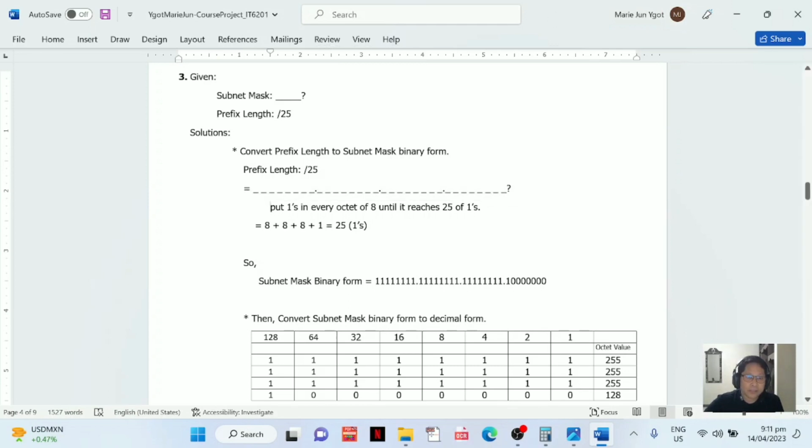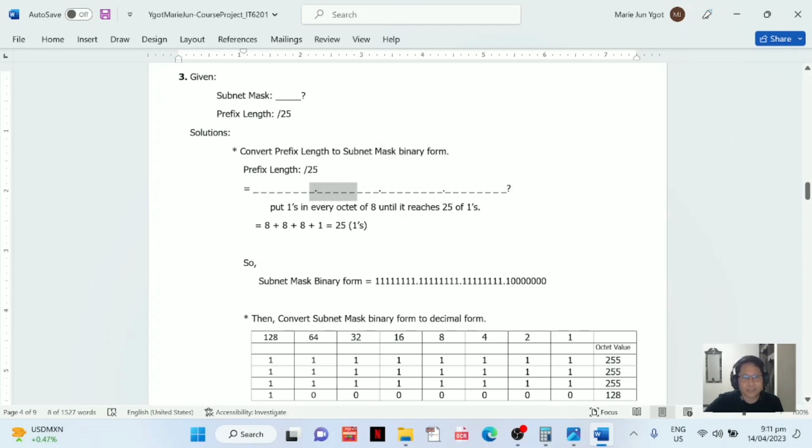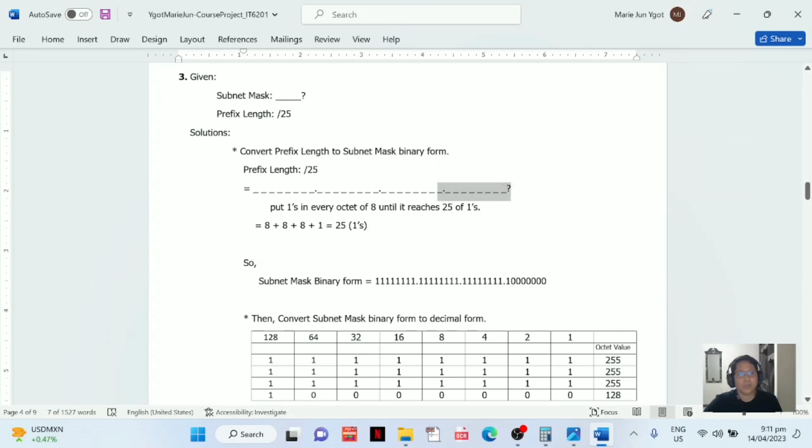As you can see here, in the first octet we always have 8 bits, in the second octet we also have 8, in the third octet we also have 8, and in the last octet we also have 8. So we're going to put ones in every octet of 8 until it reaches 25 ones.